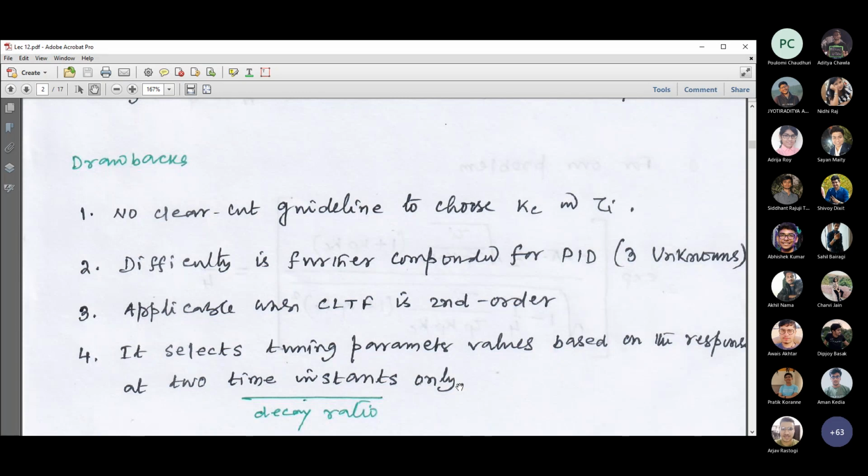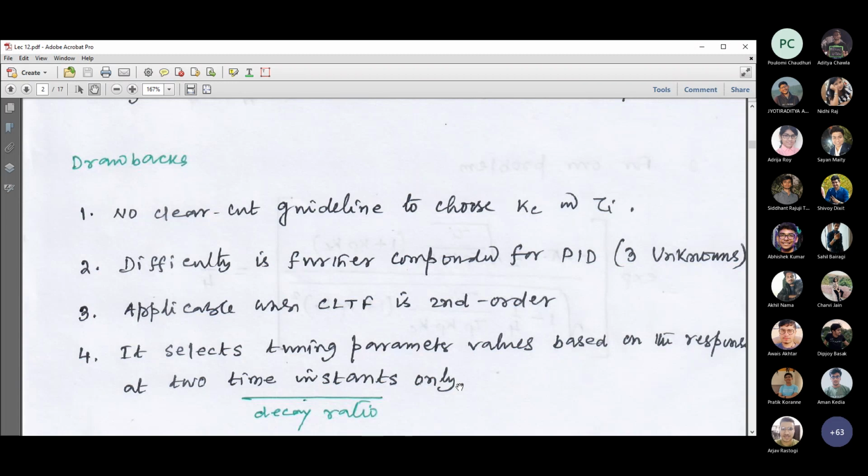We are plotting Y versus T, and despite having the entire response for the time period, we are just considering the response at 2 time instants only. And based on that, we are trying to find the tuning parameters.